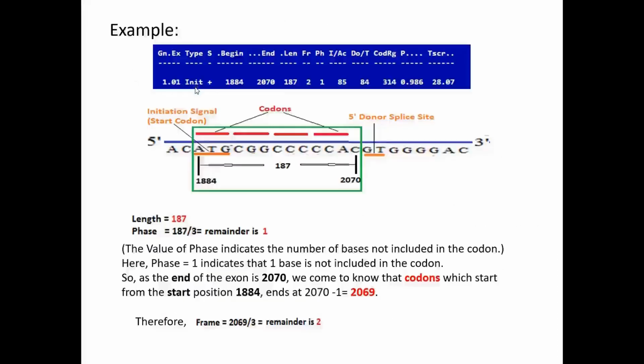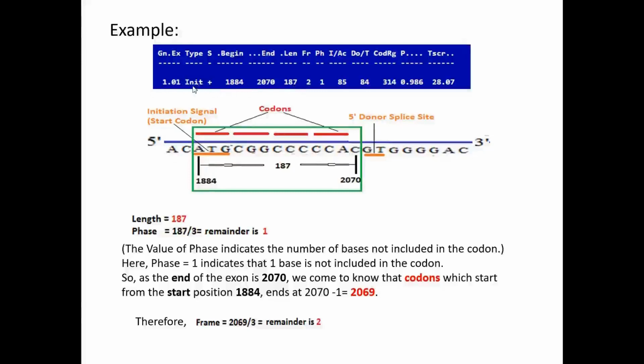Now let's consider a single exon from the result page. So this exon is an initial exon and this is the first exon in the first gene predicted. It is predicted in the positive strand. Next, it begins at 1884 and ends at 2070 and the length is 187.